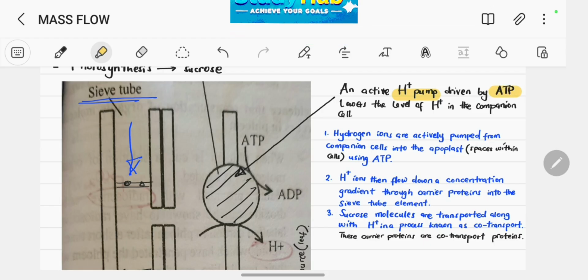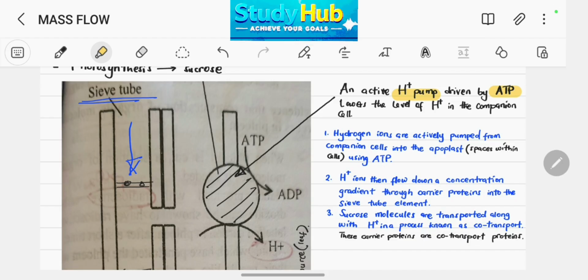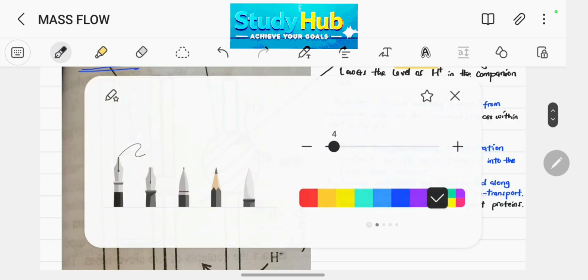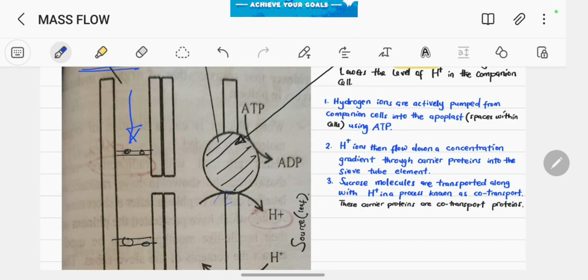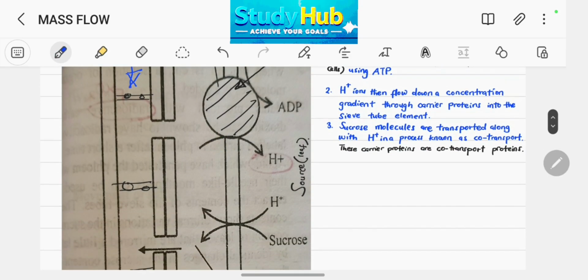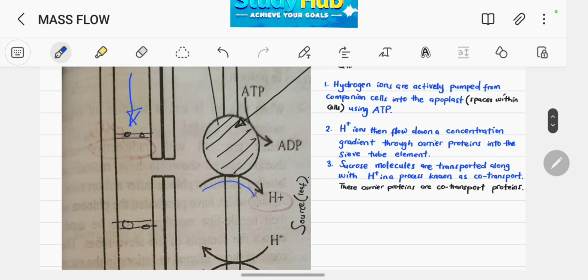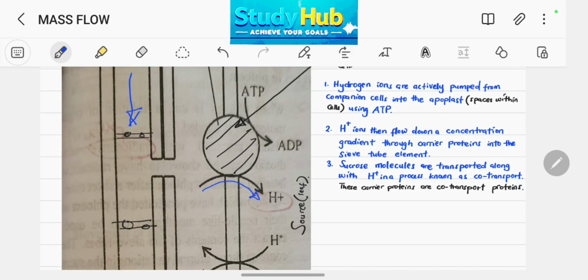So this one is an active process that requires ATP. Our hydrogen pump is going to be pumping hydrogen ions from our companion cells outside there.